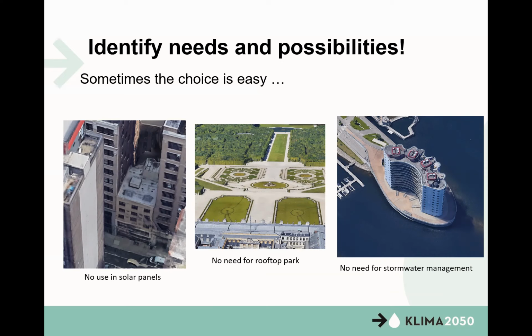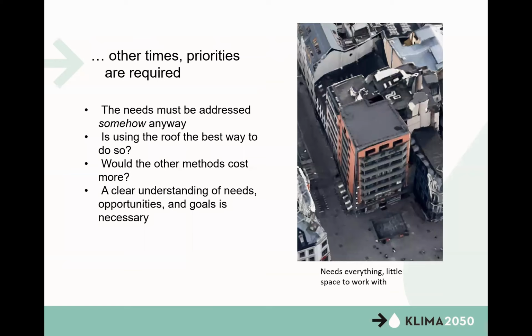But other times you've got a tiny dingy roof in the middle of the city and you need both green space and electricity and you need stormwater management and you have next to no space to work with. Because those priorities, none of them go away. You must address those needs somehow anyway.